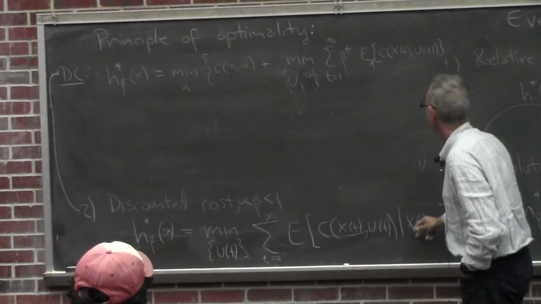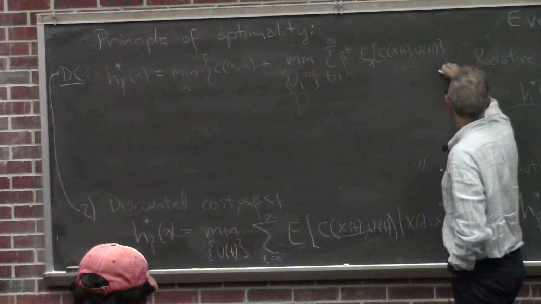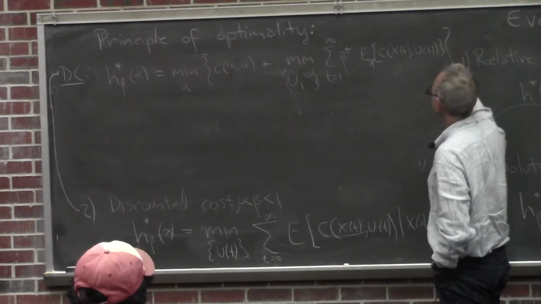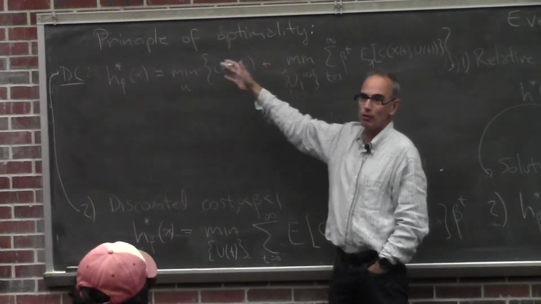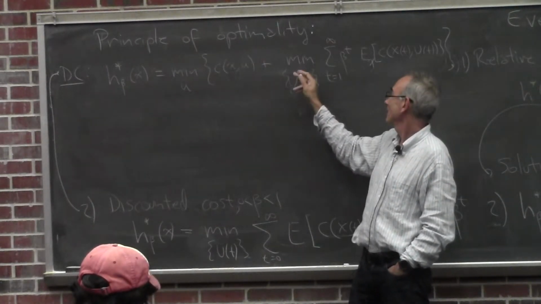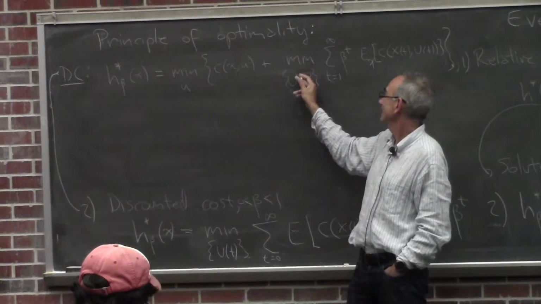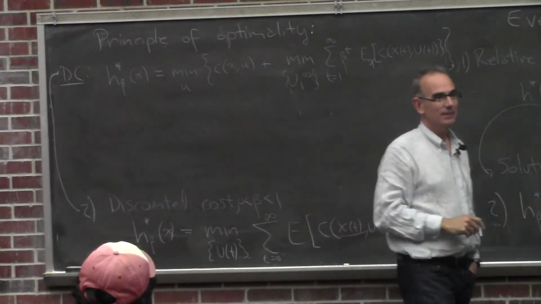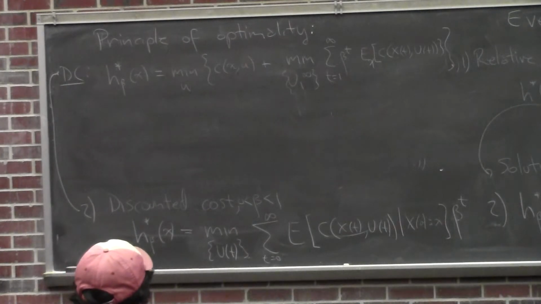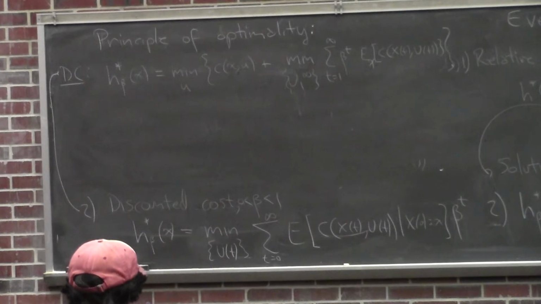I've just rewritten this down, and I'm saying I can minimize this, and then minimize over u. So I can minimize all the other u's first, essentially, and then minimize over u of 0.